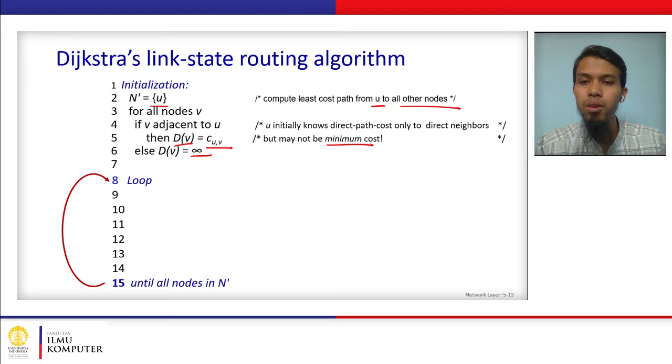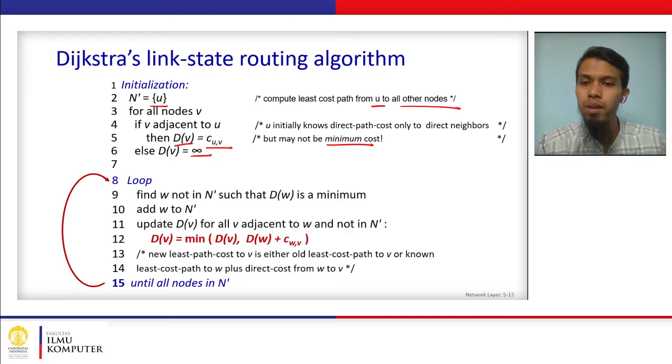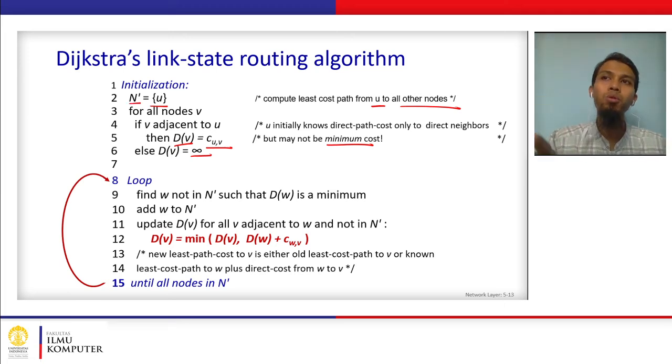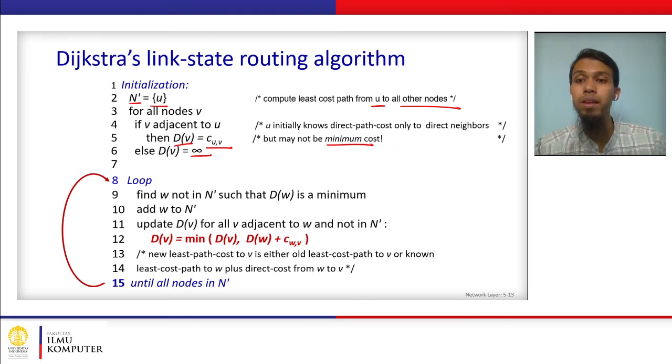Okay, so we'll go with the iteration. Find w not in N prime. If the node is already added in the N prime, we'll exclude that node in the loop. We compute D(w), so basically we try to compute the least cost path from u to w.